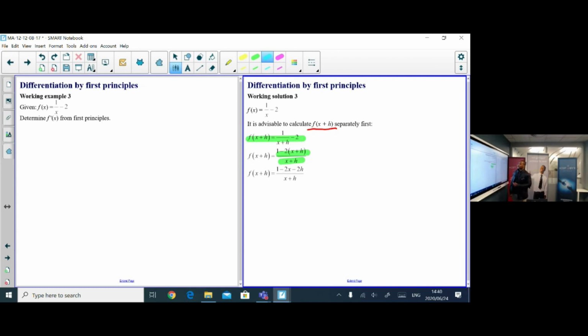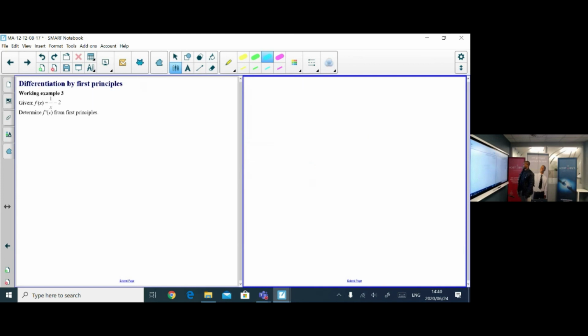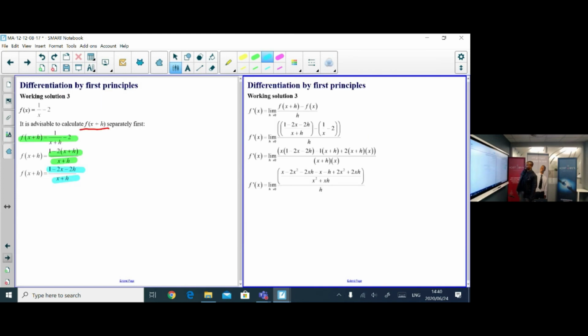But at this point, you want things to be expanded together without brackets, so that you can easily differentiate. And when you differentiate, you are going to put it into that formula now.